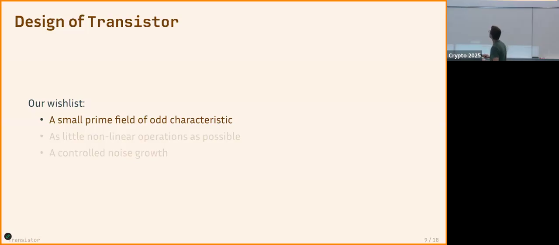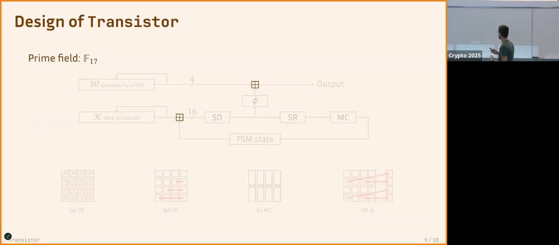So if we come back to our wish list, we wanted a small prime field of odd characteristic. So the contract is honored: we are working in F17. 17 is small enough that the bootstrapping is very efficient, and it's a power of 2 plus 1.